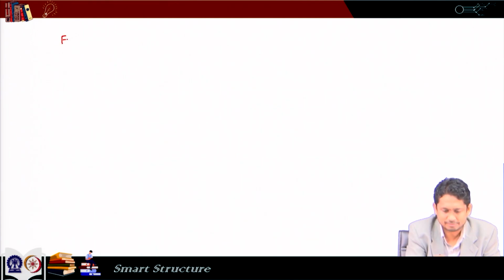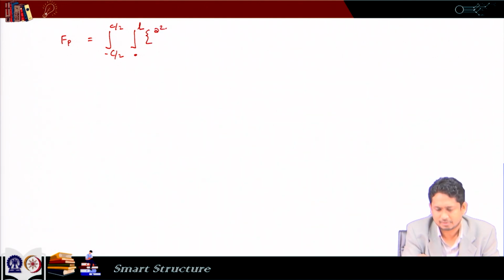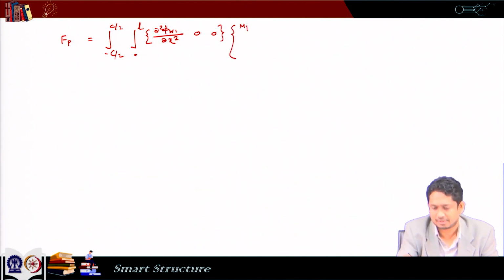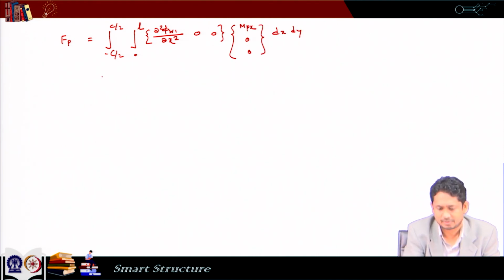So we have Fp is equal to minus C by 2, integral 0 to L, and then we have del 2 phi W by del x2, 0, 0, and this is multiplied with this vector MPX, 0, 0, and we have this.